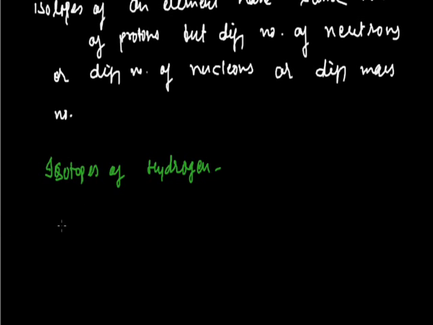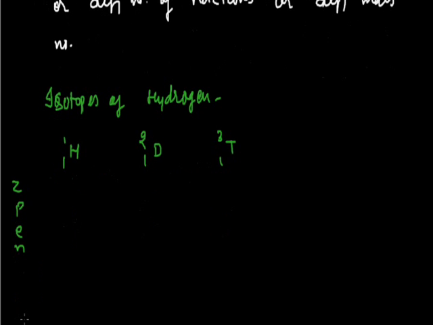The first isotope of hydrogen is protium, denoted by 1H1. Second one is deuterium, 1D2, and third one is tritium, 1T3. Here we will see atomic number, number of protons, number of electrons, number of neutrons, and finally mass number.